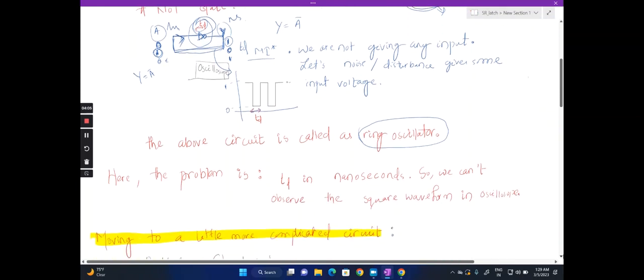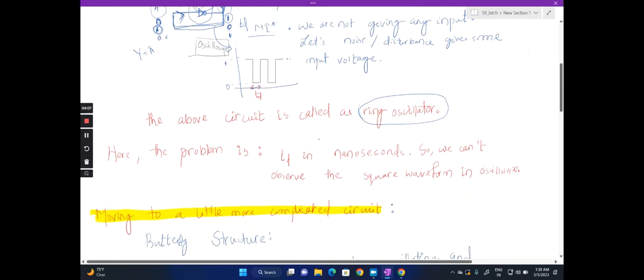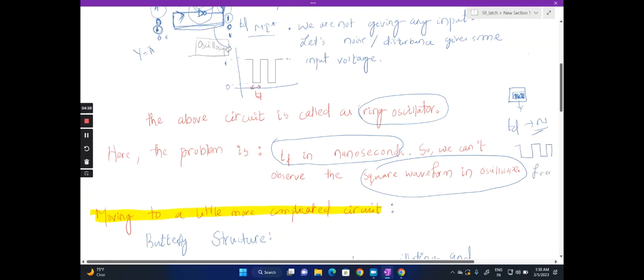Here the problem is that TD is in nanoseconds, so we cannot observe the square wave in an oscilloscope. In an oscilloscope, which has a function generator, we can see the graphs of the outputs, but in this case TD is a very small time, and we cannot see the square wave due to the high frequency.